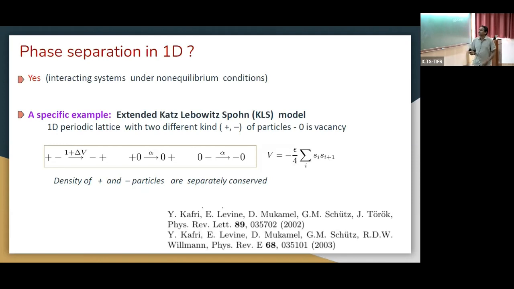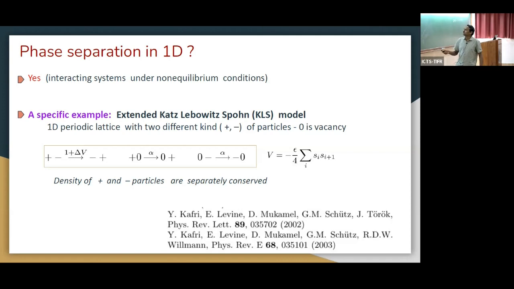So the question is, can you see phase separation in one dimension? One dimension is simple, and you can study some theoretical behavior. The answer is yes, and there are interesting systems under non-equilibrium conditions which exhibit a phase separation transition in one dimension. One specific example, just for demonstration, is the extended Katz-Lebowitz-Spohn model. There are particles carrying plus or minus spins, with an Ising-like interaction between them.